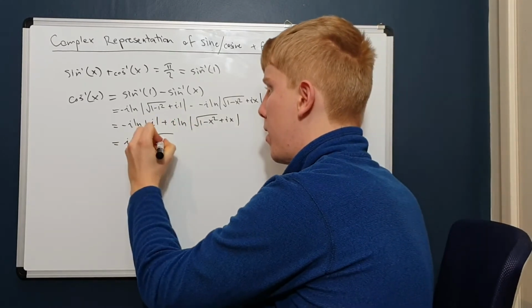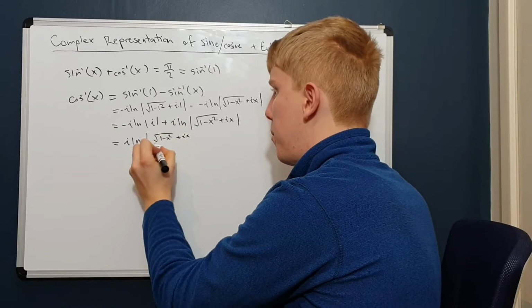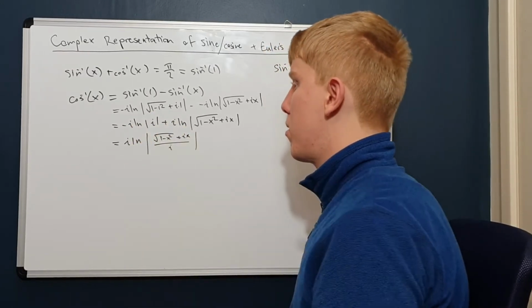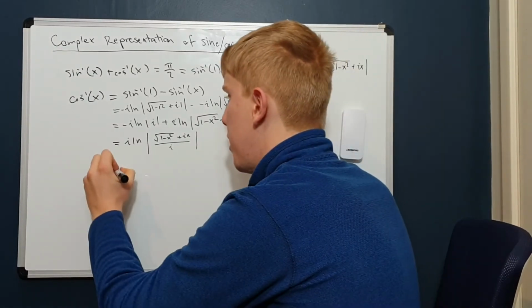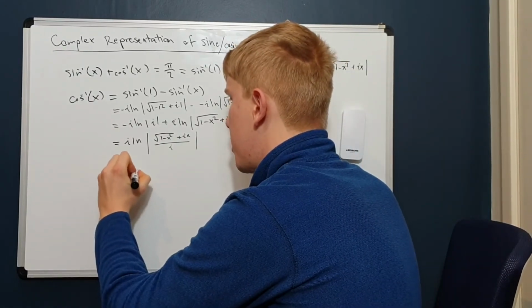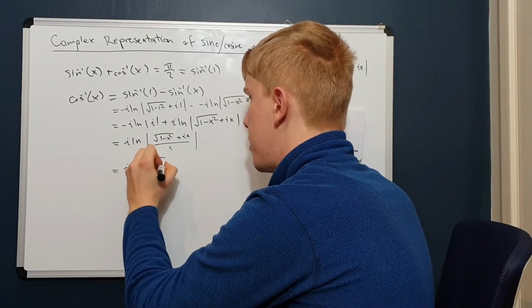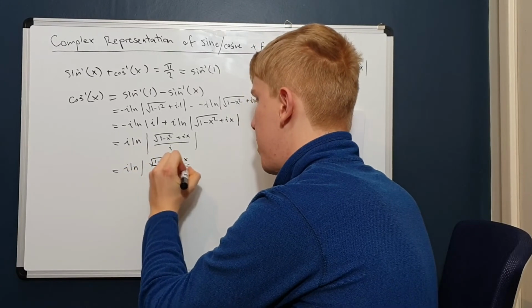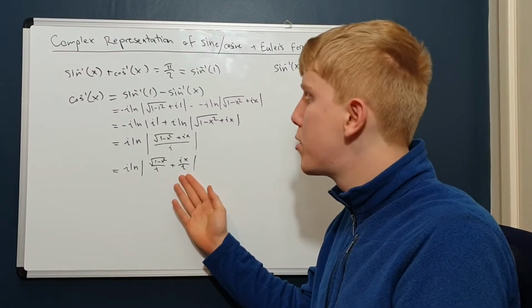1 minus x squared plus ix, being divided by the argument of this first logarithm here, i. Now we can just split this fraction, and we will have i times the natural log of the square root of 1 minus x squared on i plus ix on i, where obviously for this second term the i's will cancel.